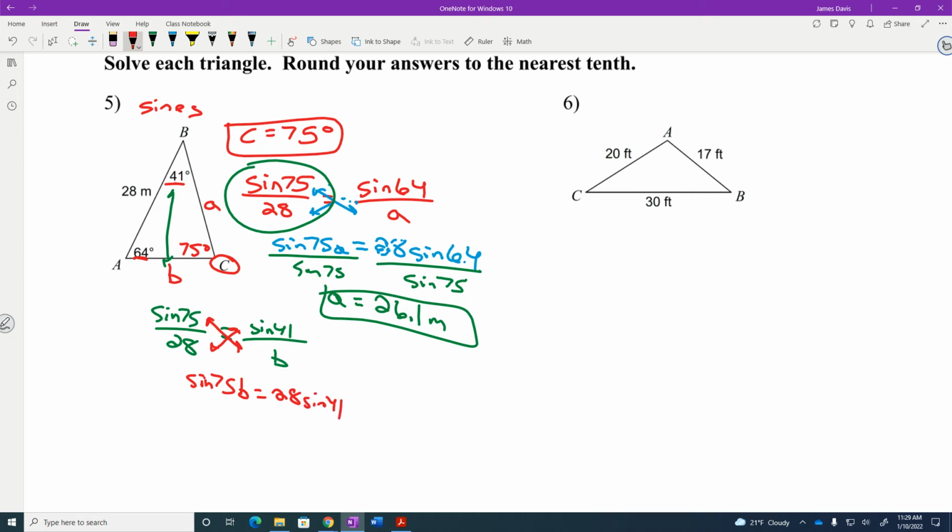Make sure you show this ratio setup and then solving in here. Anybody got little b? Yeah, it should be the length.